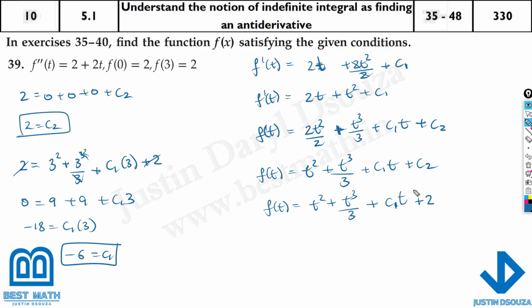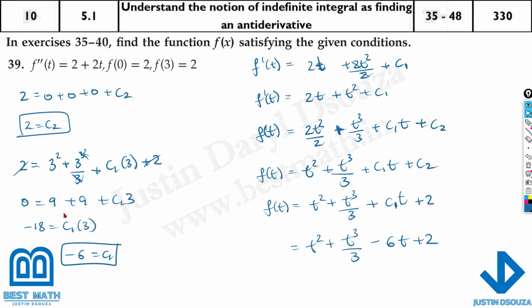I'm so sorry, it's not C1, it's C2, isn't it? Yeah, it's C1, sorry. I got confused. C2 was already found out, and C1 is minus 6. So it is t squared plus t to the power 3 by 3, and this plus will become minus because it's minus 6t plus 2. So this is the accurate answer.